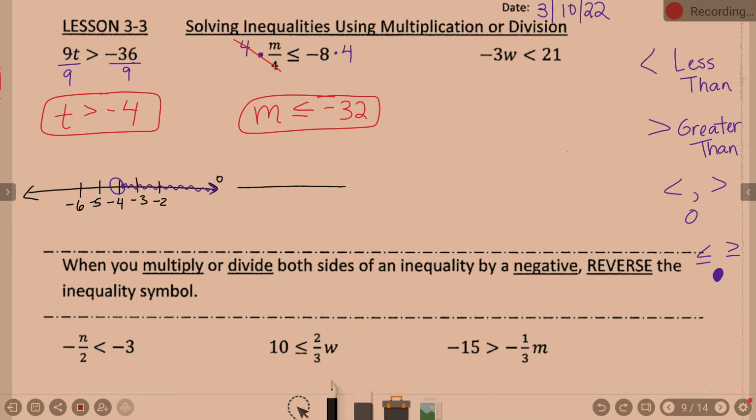And of course, we are graphing. What's a number that has to be on your number line? -32. It has to be there. Okay.